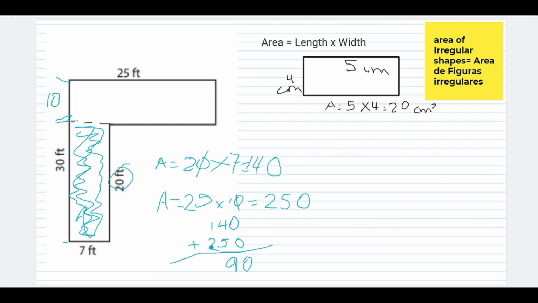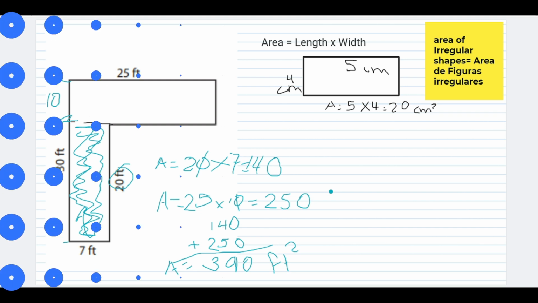And 1 plus 2 is equal to 3. So the area of this whole composite or irregular shape is 390 square feet. This is the way we calculate the area with these irregular shapes.